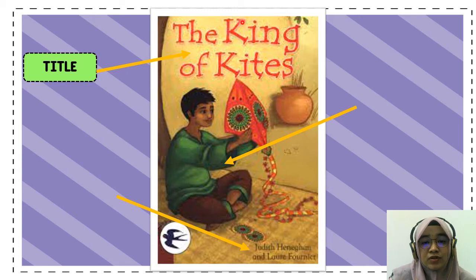If you notice, in front is the main page of your storybook. On the main page, there is some information that you may know. The first one is the title. The title of our storybook is The King of Kites.